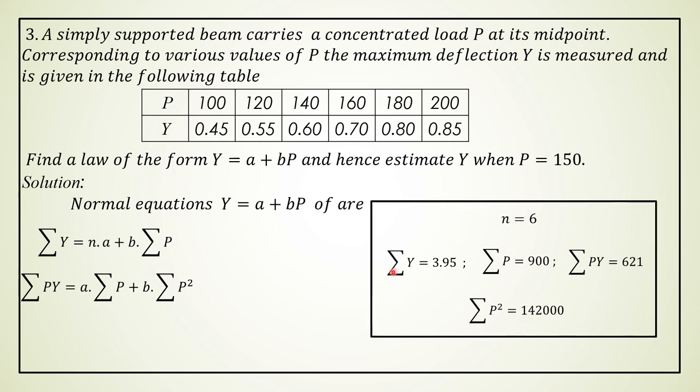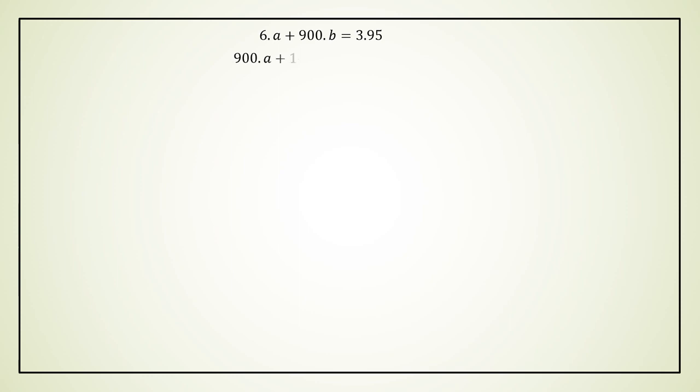So substitute all these values in the equations, so that you are going to get a simultaneous equation with two unknowns A and B. You are going to get a simultaneous equation of the form 6A plus 900B is equal to 3.195, and 900A plus 1,42,000B is equal to 621.